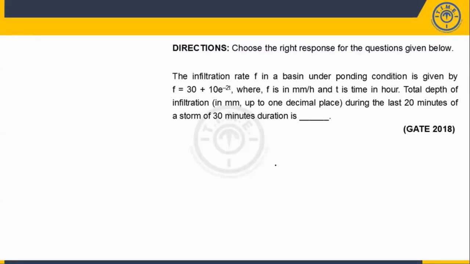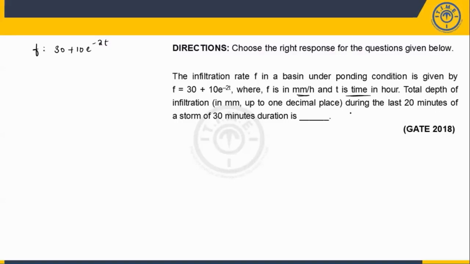The infiltration rate F in a basin under ponding condition is given by F is equal to 30 plus 10 e power minus 2t, where F is infiltration rate in mm per hour, t is the time in hours.